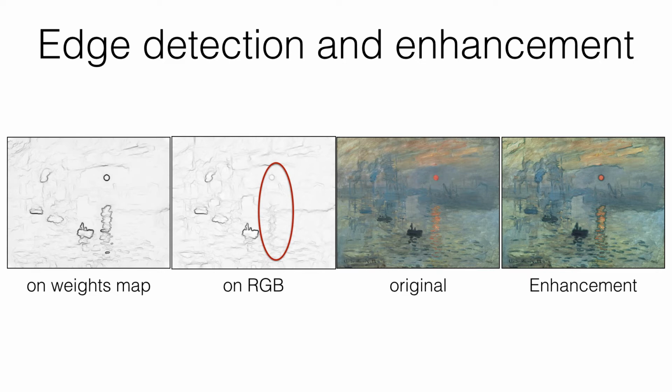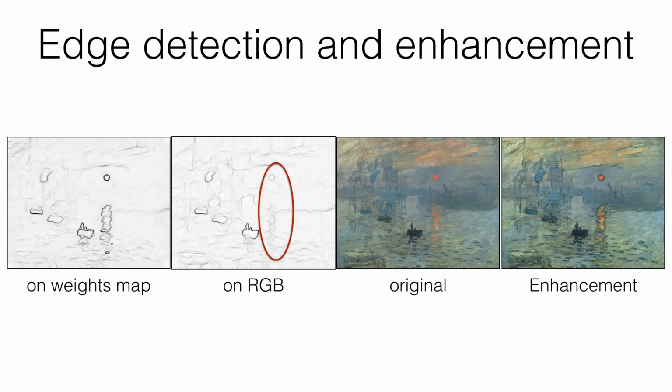Our weight map can improve edge-based image analysis. We apply an existing edge detection method to each weight map separately and merge the per pigment response using the per pixel max operation. Edge images can be used to adapt standard image processing routines to be paint aware.